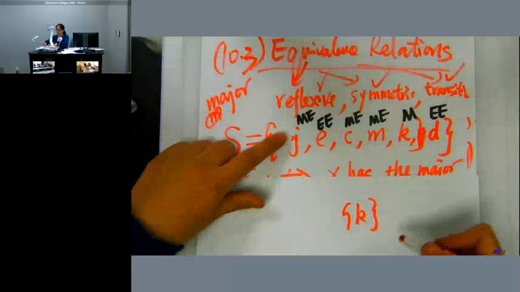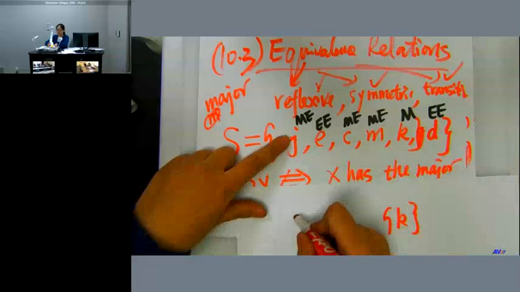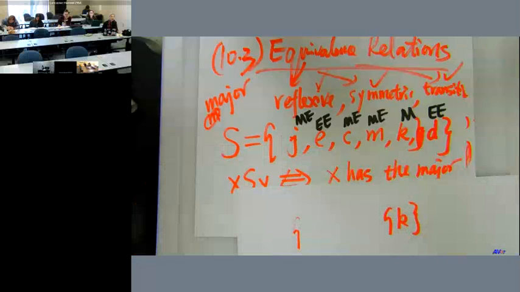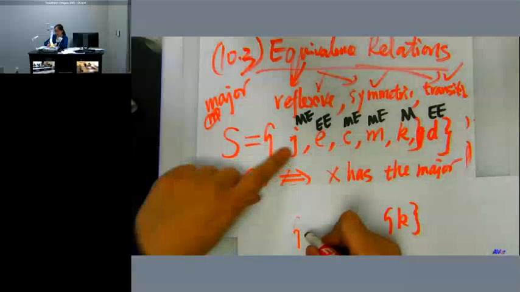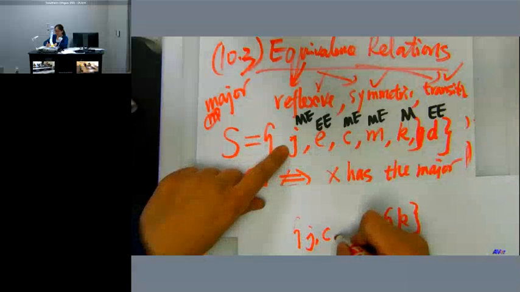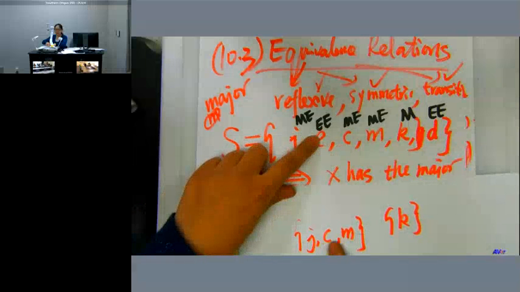And what about the other ones? We have C and J, C and M, right? They will be in the same class because they all have what? Middle childhood education major.